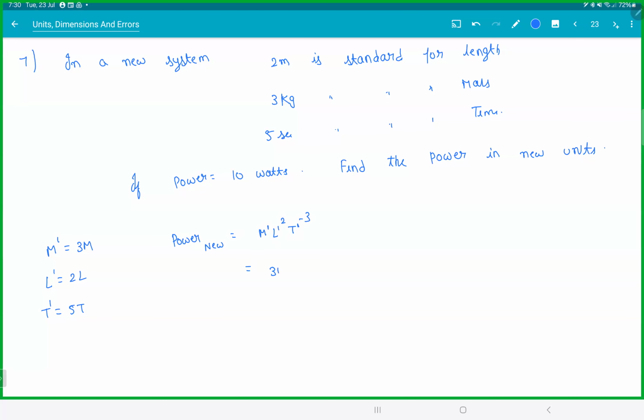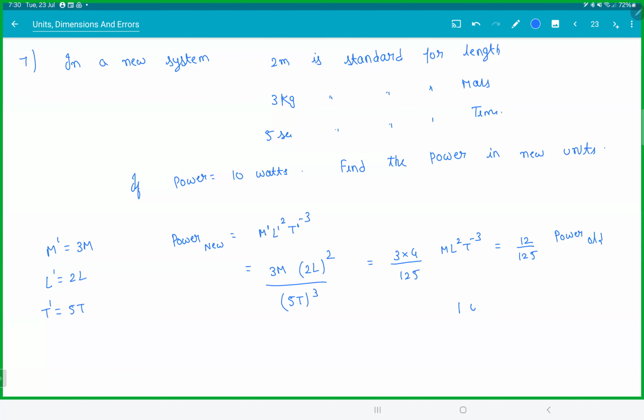So substitute here 3m, 2L square, 5T cube. That would be 3 into 4 by 125 ml square T minus 3. That is 12 by 125 watts, the old power.